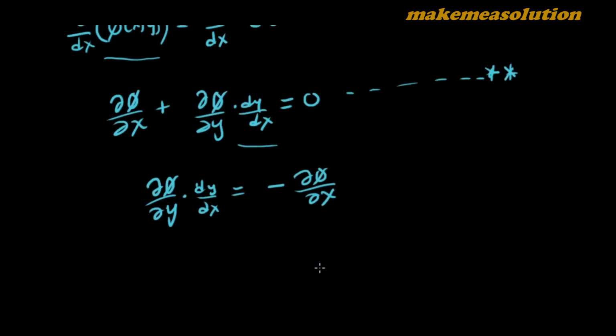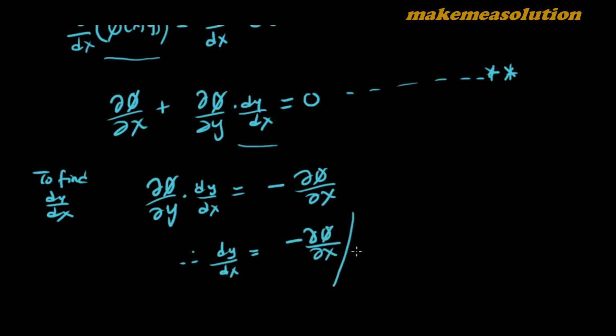Then we divide both sides by del phi del y, and we'll have dy/dx is equal to minus del phi over del x divided by del phi over del y. So this is the formula for finding dy/dx for a multivariable function.